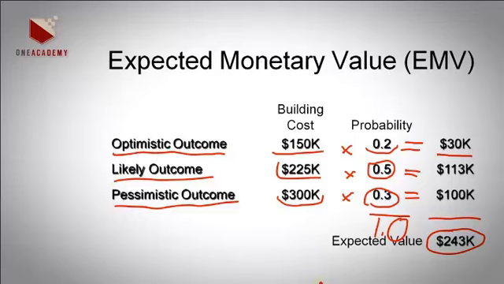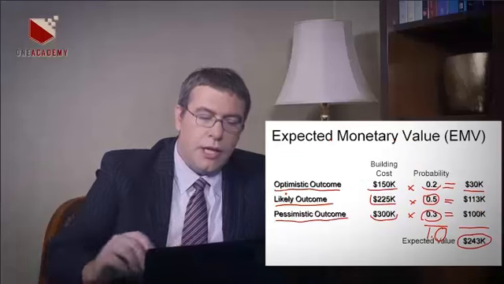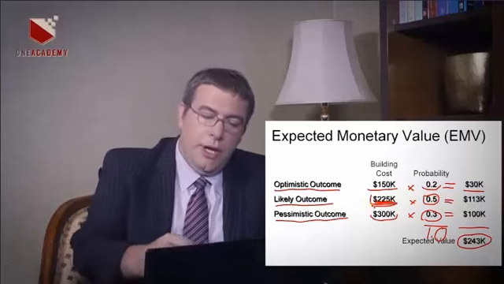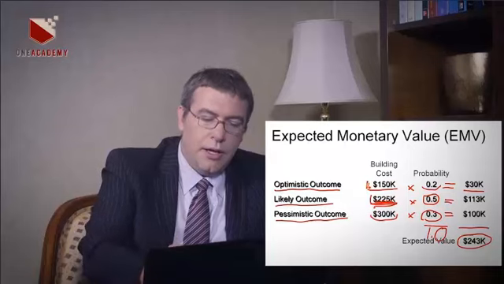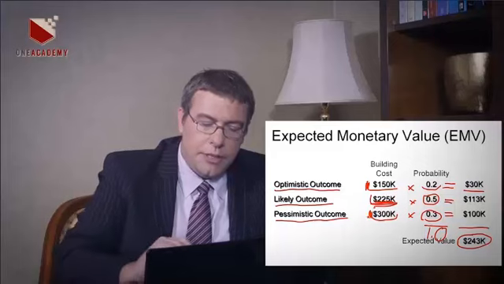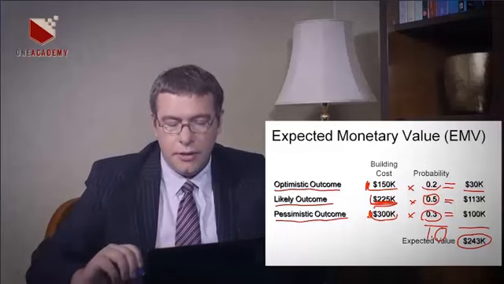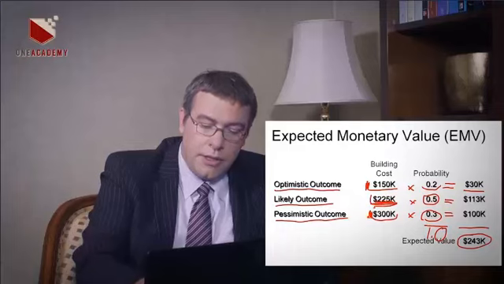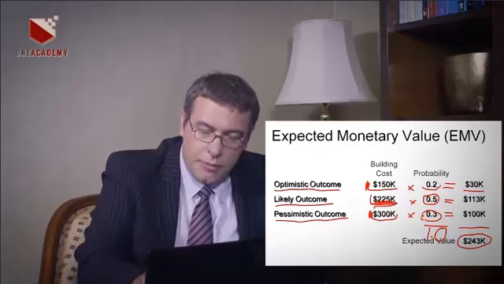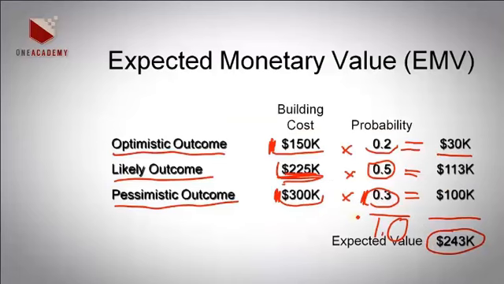If you remember, we started with the most likely outcome at about $225,000. We had a very optimistic outcome of $150,000, and we had a very pessimistic outcome of $300,000. And you can even see that the pessimistic outcome is slightly more probable than the optimistic. Basically, what we do is a weighted average of the outcomes, and the weights that are used are the probabilities.